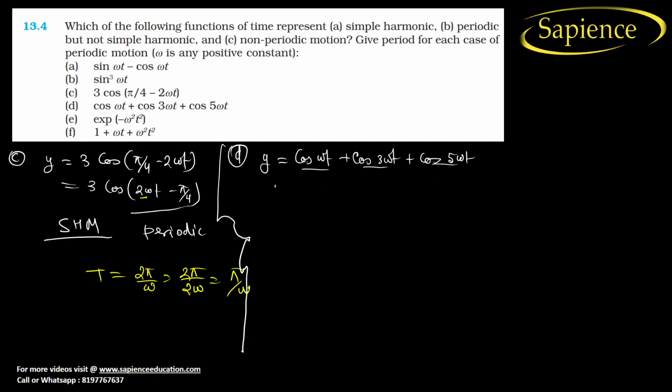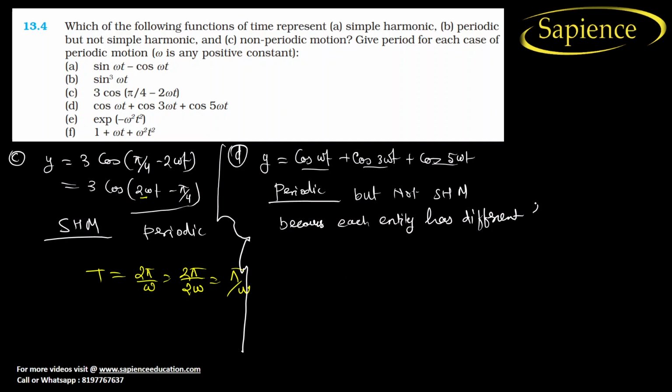So this equation is periodic, but not S.H.M., because each entity has a different frequency. So if each entity has a different frequency, it has a net resultant amplitude, and the resultant function is not an S.H.M.